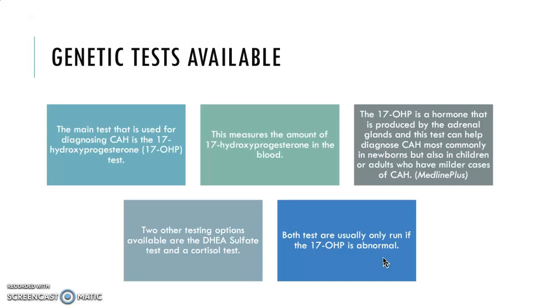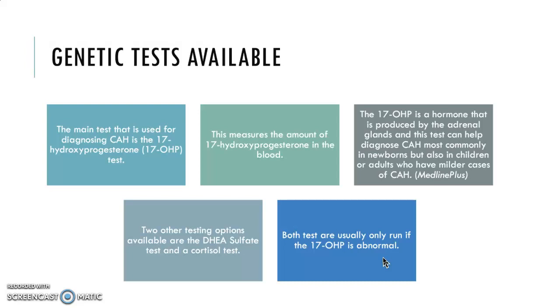This test can help diagnose congenital adrenal hyperplasia most commonly in newborns, but also in children or adults who have milder cases of CAH. So again, something that we're not necessarily seeing early on in age or didn't test for immediately, we can test for down the road.